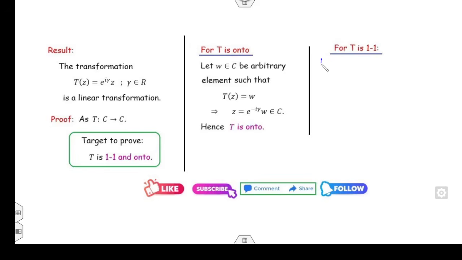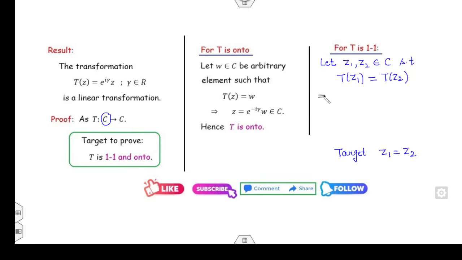How can you prove one-one? I can take two elements, say Z1 and Z2, belonging to the domain, such that T of Z1 is equal to T of Z2, and then your target is to prove that Z1 is equal to Z2.